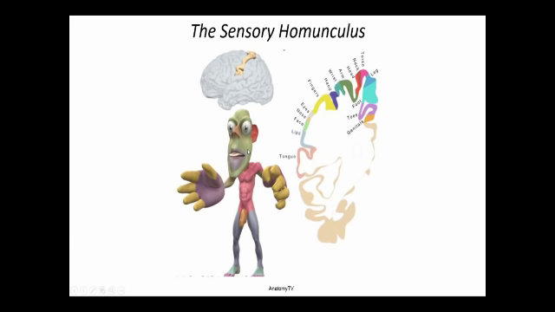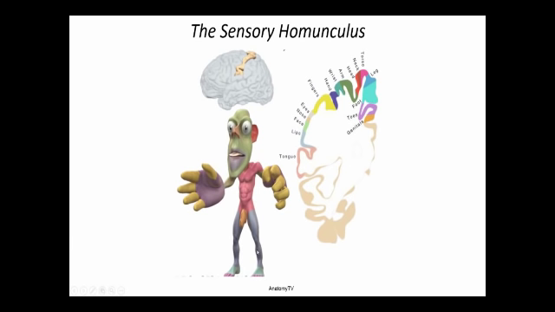And you can see from the sensory homunculus's large hands and large lips and generally his large face that there is a large amount of cortical tissue in the primary somatosensory cortex dedicated to sensation in those areas of his body. You can see that his trunk and legs are quite small relative to the hands and the face.